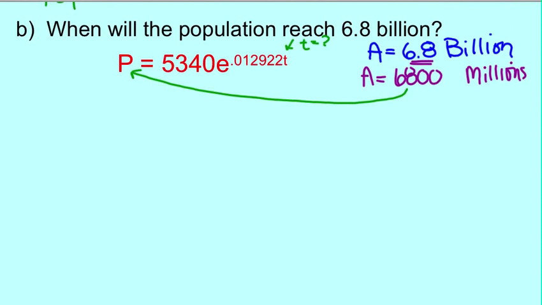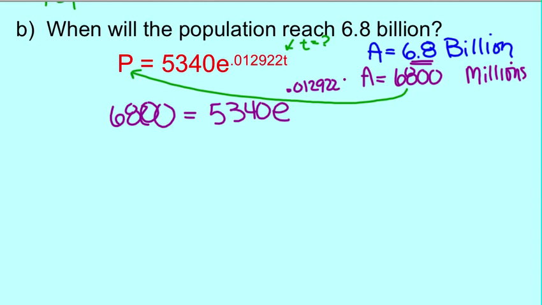All right, so 6,800 is going in for P. 6,800 equals 5340 e raised to your exponent, and we're going to solve this equation for t.